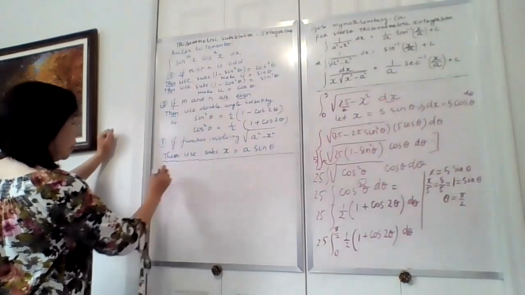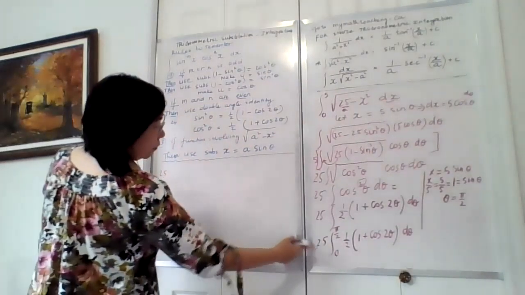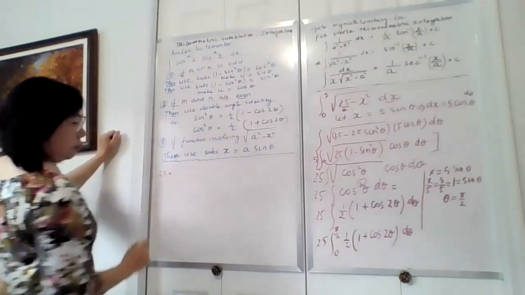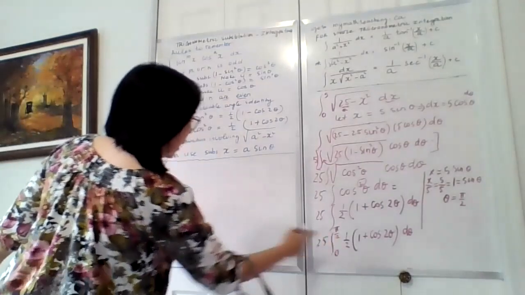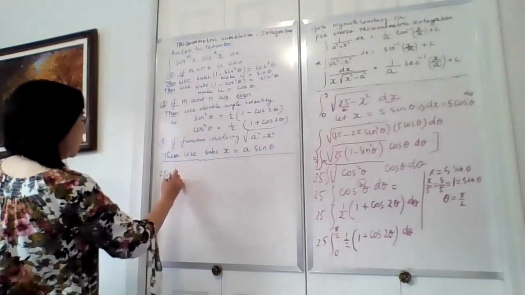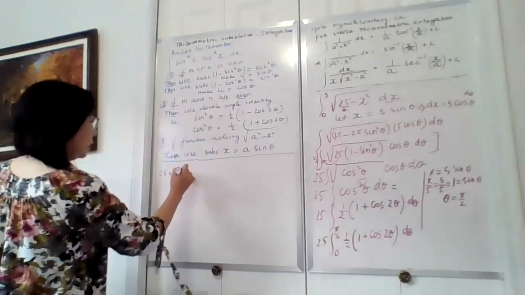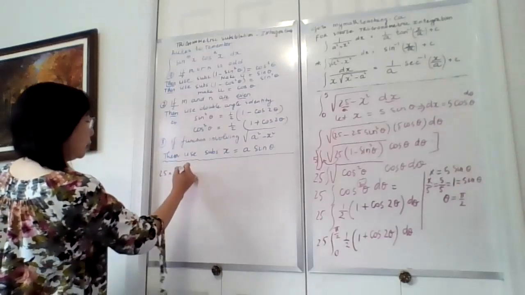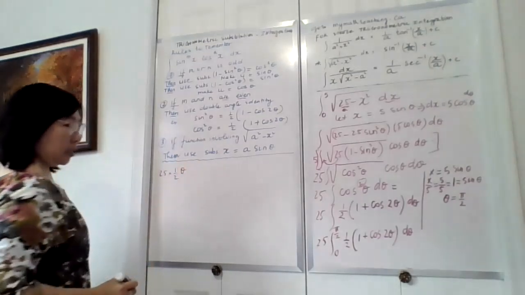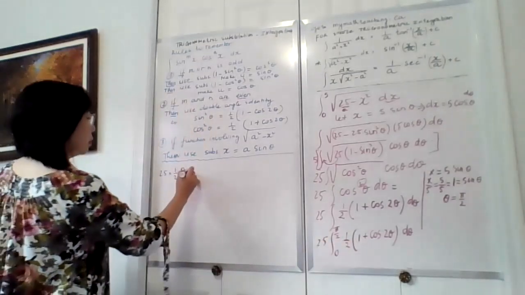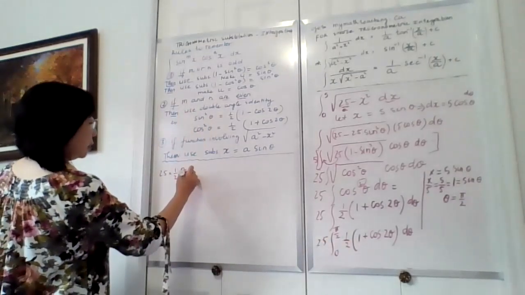So I have 25, going from here to here, right? 25 times 1/2, I just bring it outside, right? And inside, I'm left with 1. Now, if I integrate, 1 becomes theta, the antiderivative of that.